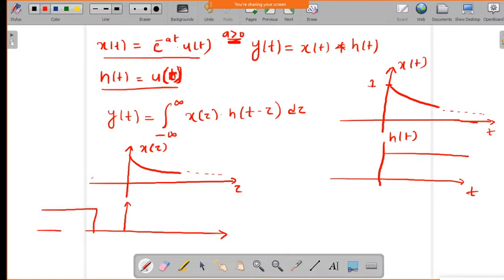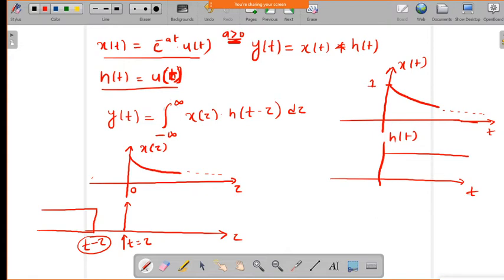Whenever t minus tau is this value, the point where t becomes equal to tau, this is the tau axis. When tau equals 0 and when t becomes equal to tau, it becomes 0. Now we need to evaluate the integral limits.